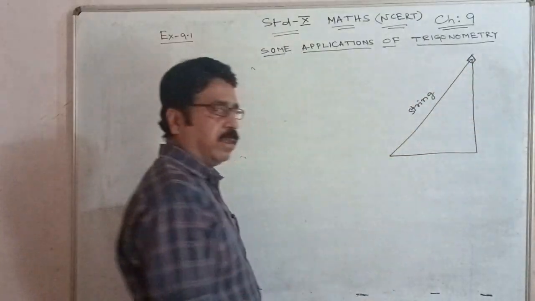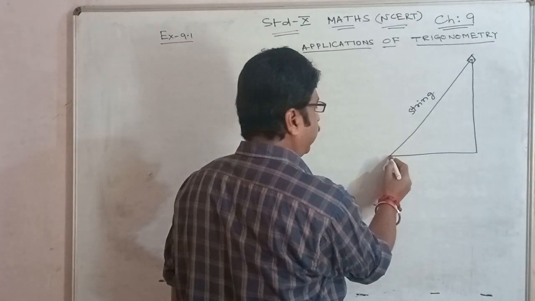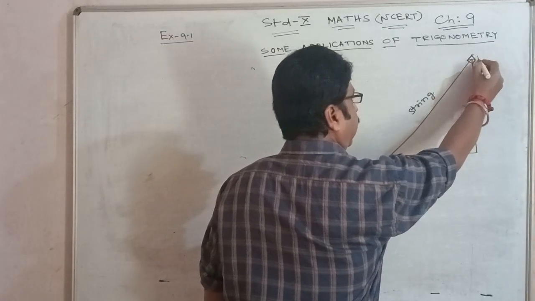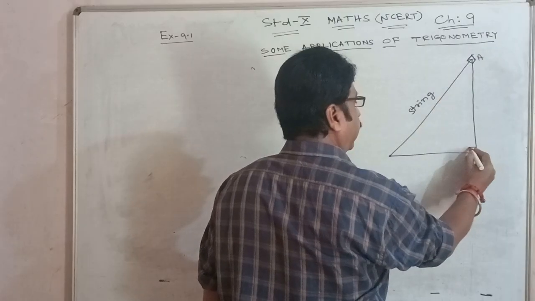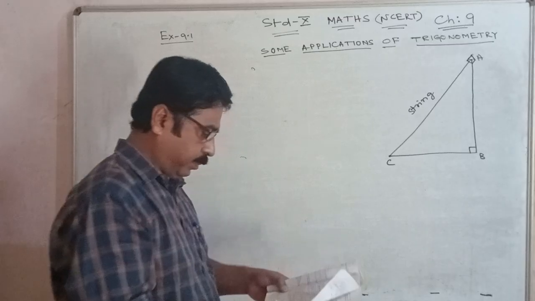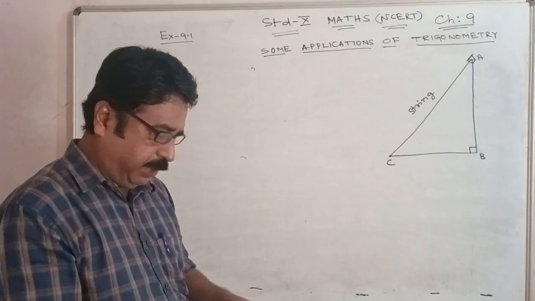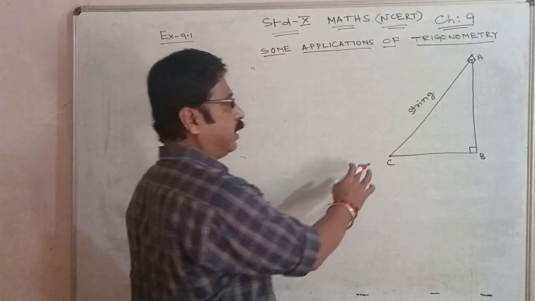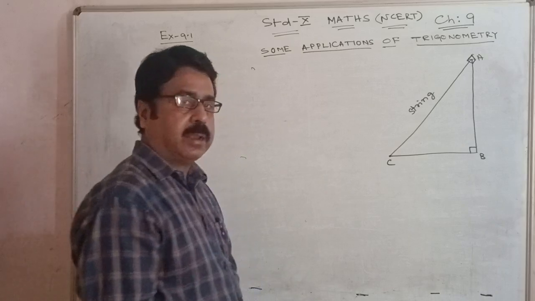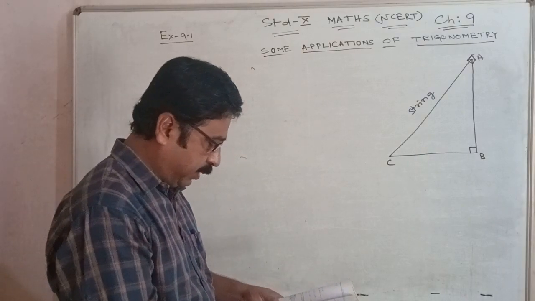This height is the vertical height of the kite, and this is a point on the ground. Suppose it is A, point A, this point is B, this point is C. Flying at a height of 60 meters above the ground. This is the ground level. Above the ground, the height of the kite, that means vertical height of the kite, is 60 meters.